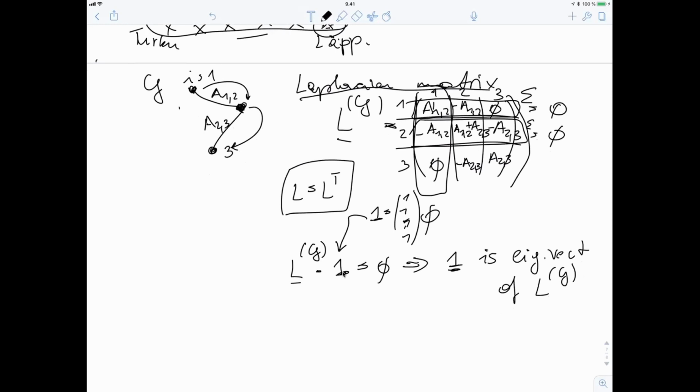Okay. By the way, what is an immediate implication of this fact? That there is an eigenvector with eigenvalue 0. What can we immediately say about this Laplacian matrix? Oh, yeah, several things we can say, but we can say it's not invertible.